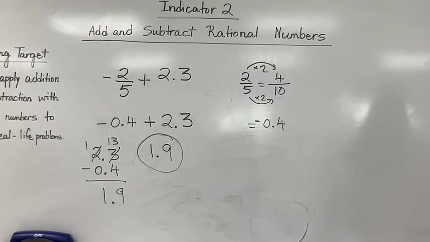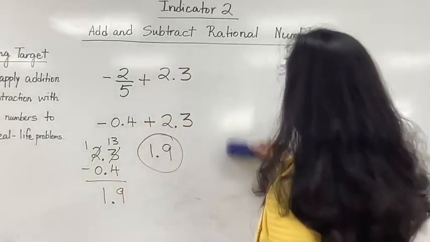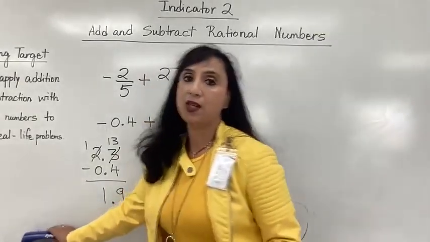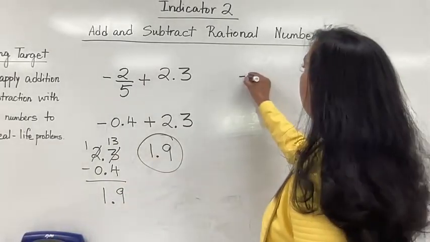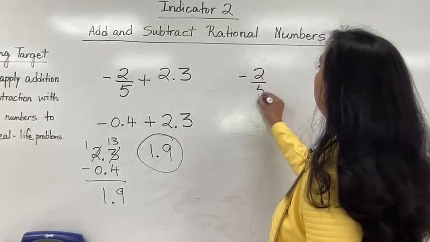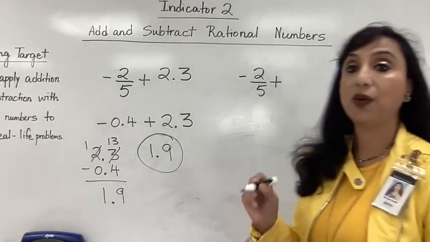Okay, so I'm going to rewrite the decimal as a fraction now. Let's do the fraction form. I have -2/5 plus 2 and 3/10.